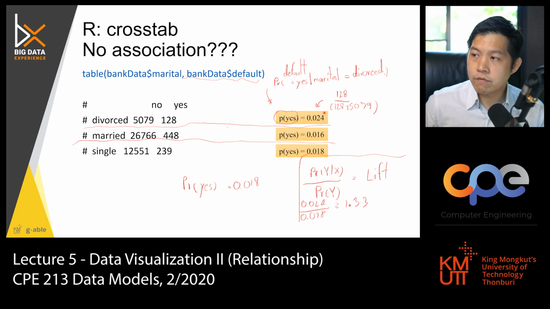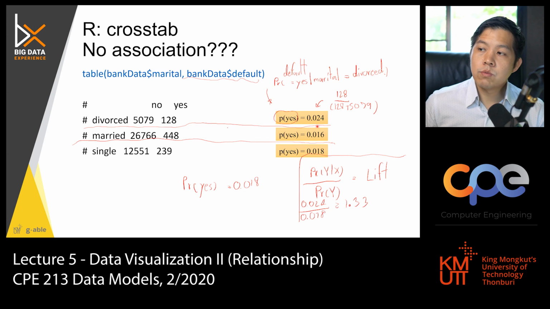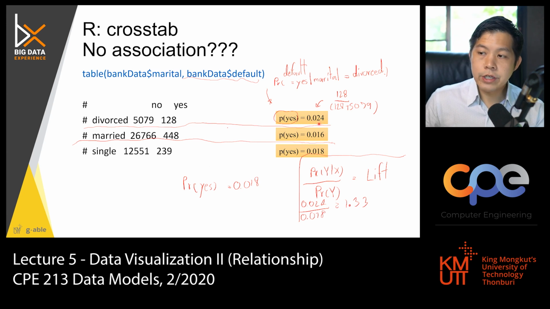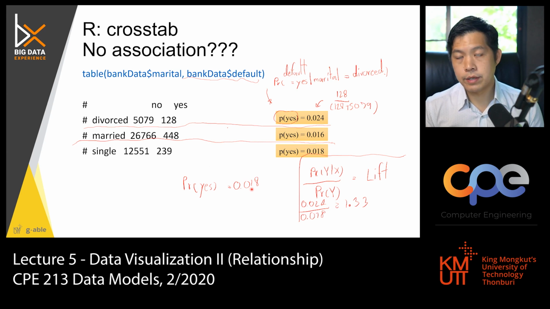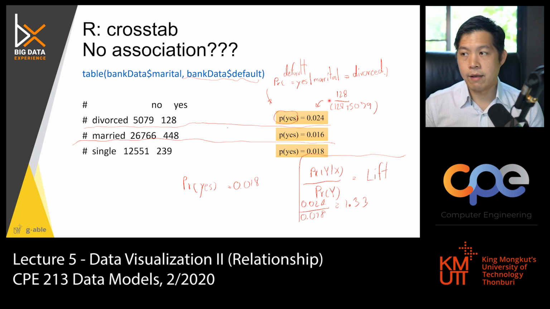So if these two values differ a lot, if it is something like 0.1 or 0.5, which differs a lot from 0.018, then it would mean that this variable is associated with the event that you are considering. But if we now consider just this prior probability and the conditional probabilities that we have, 0.024, 0.016, 0.018, you can see that they are about the same.